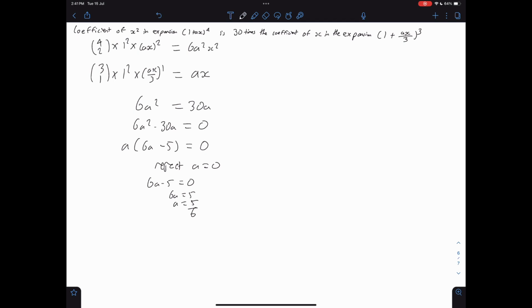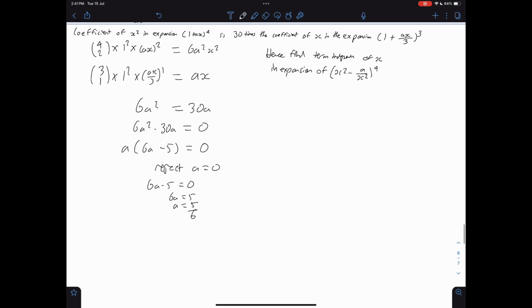And then there is a second part of the question. It says, hence, find the term independent of x in the expansion of (x^2 minus a/x^2)^4. So we can just replace a with our 5/6 and then get rid of that x squared in the denominator and make it x to the power of minus 2.